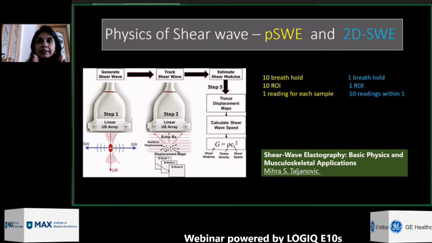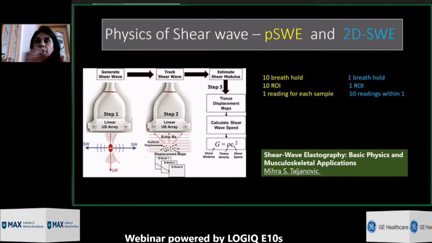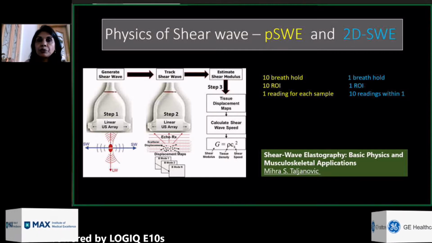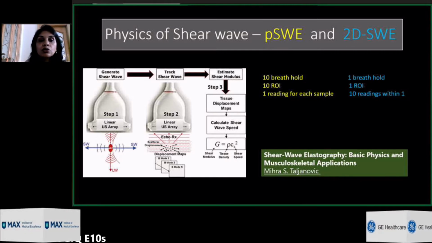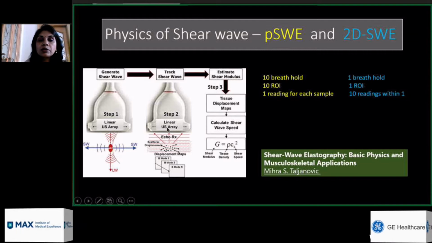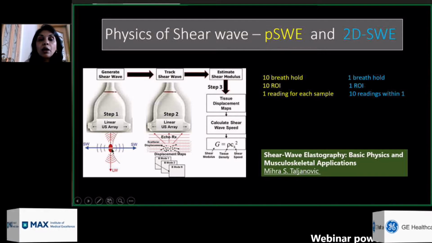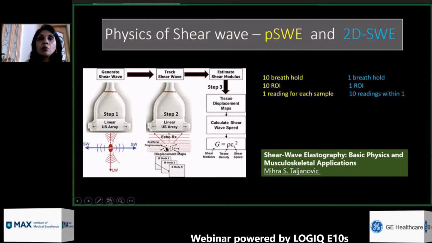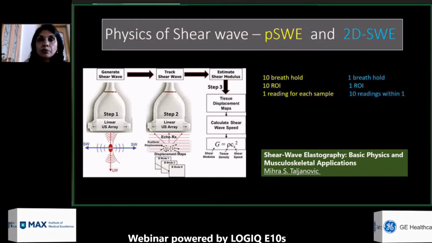What this led to was that instead of a linear force, we were also having transverse vibrations being created. As you can see here, instead of a linear one, a transverse one was created, and these transverse vibrations were then interpreted by the ultrasound machines.